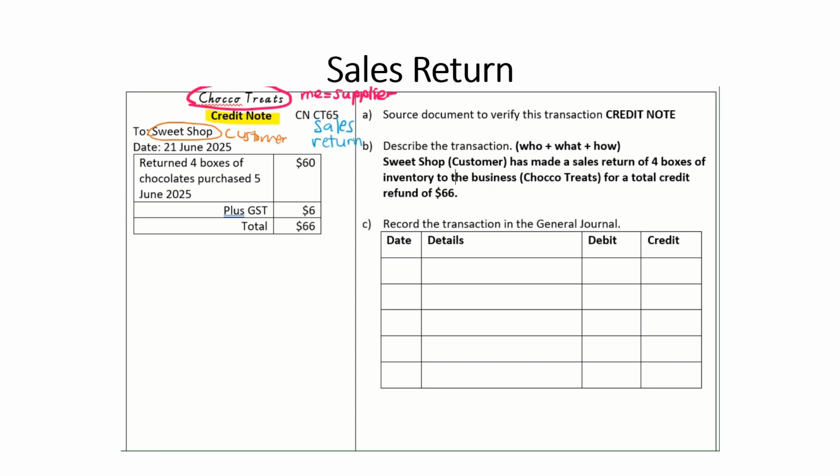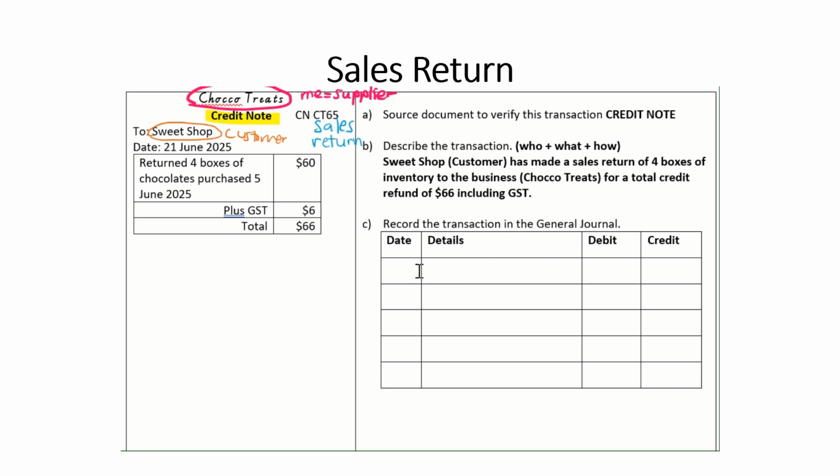So we can see that we have addressed the who, that would be Sweet Shop and the business. We've also addressed the what, which is the sales return of the 4 boxes totaling to $66. I would add here including GST as well. And we have specifically mentioned that there was a credit refund as well. So that's a description of the transaction.